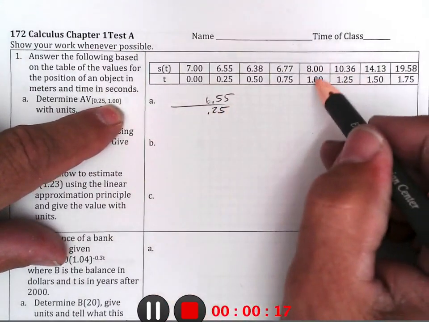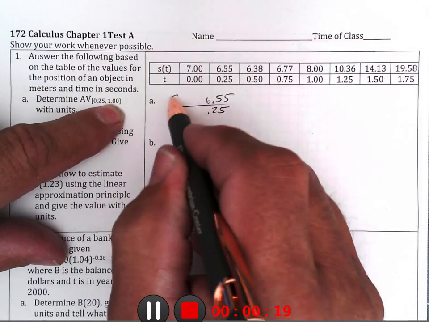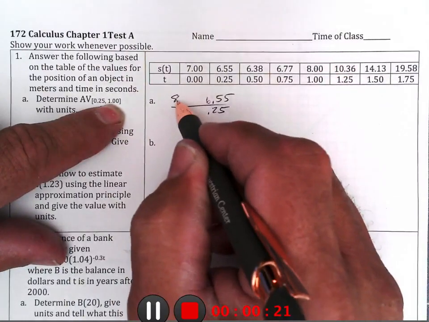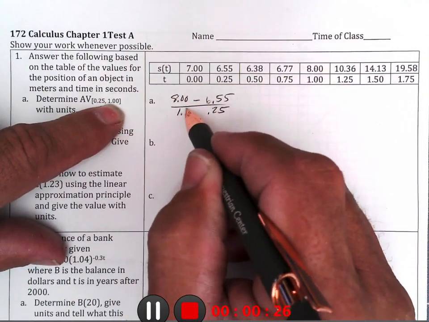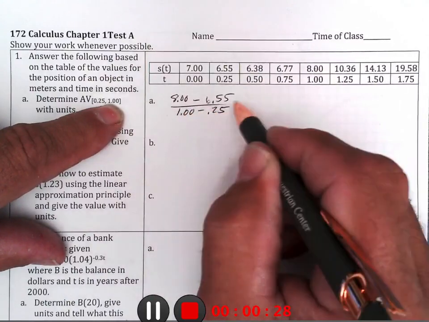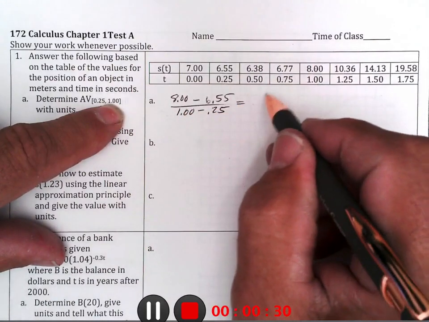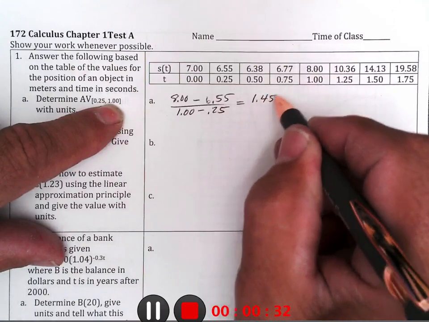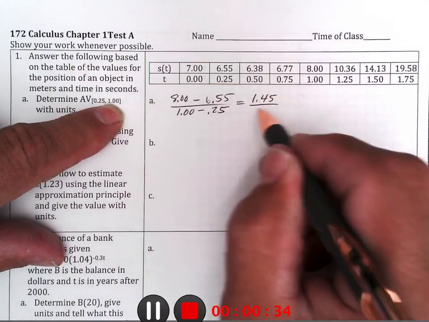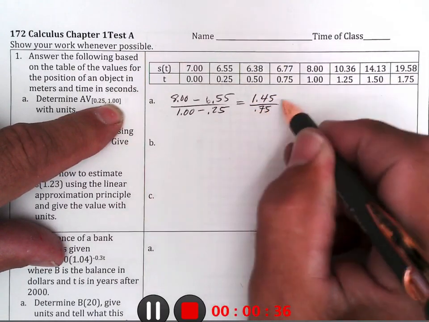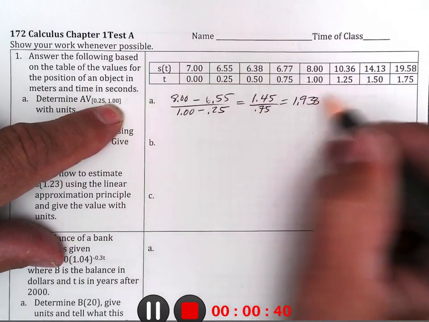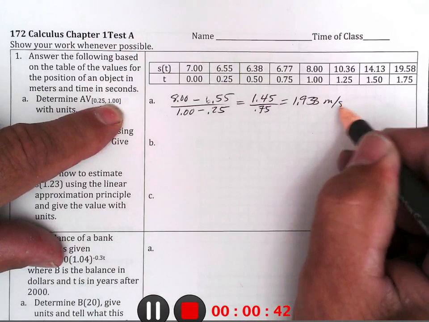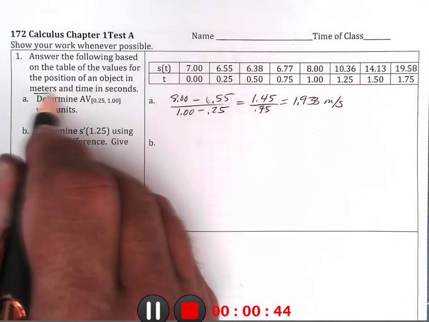And 1 was 8, and we take the farther one minus the beginning one, and that comes out to be 1.45 over 0.75, which is 1.933 meters per second.